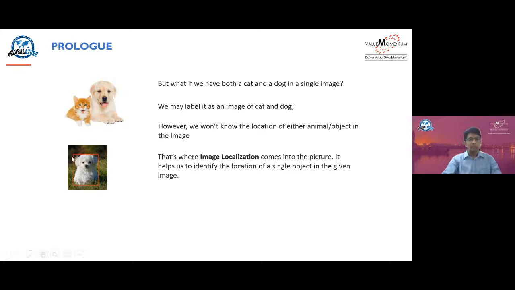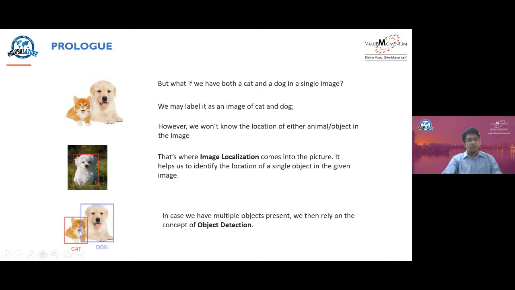Just like here you have a dog, so you're saying, okay, this is the position where the dog is, and you are also classifying it as a dog. But what if you have multiple objects in the same image, just like what you have here? This is where we'll have to rely on a concept called object detection, where you're trying to identify the multiple objects that are there in an image. So this is the whole concept.